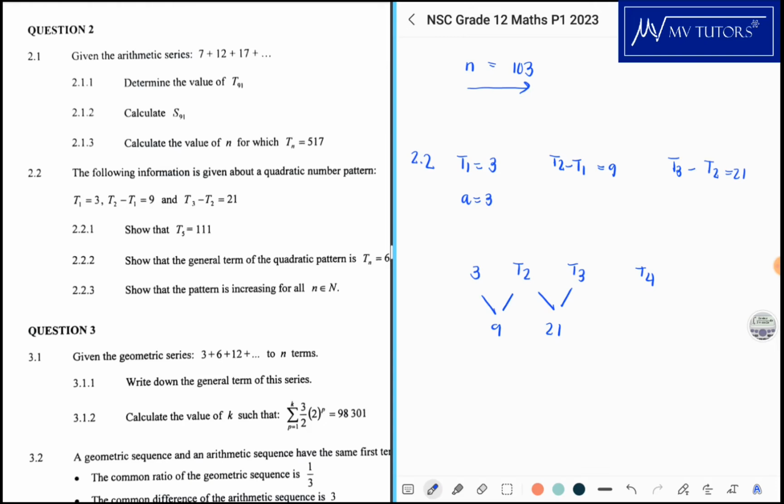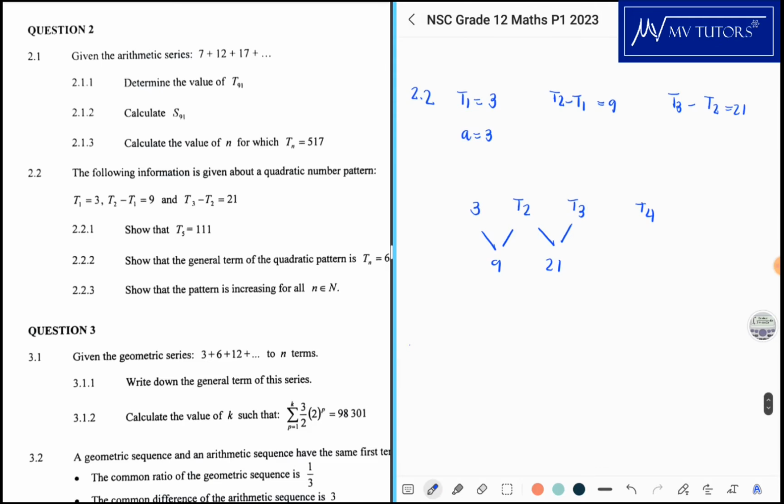But anyway, now it says for question 2.2.1, show that term 5 is 111. And I say let us finish off this quadratic pattern as we have it there. So I have 3, right? 3 plus 9 will give us term 2, which is 12. So I can remove that and put in 12.